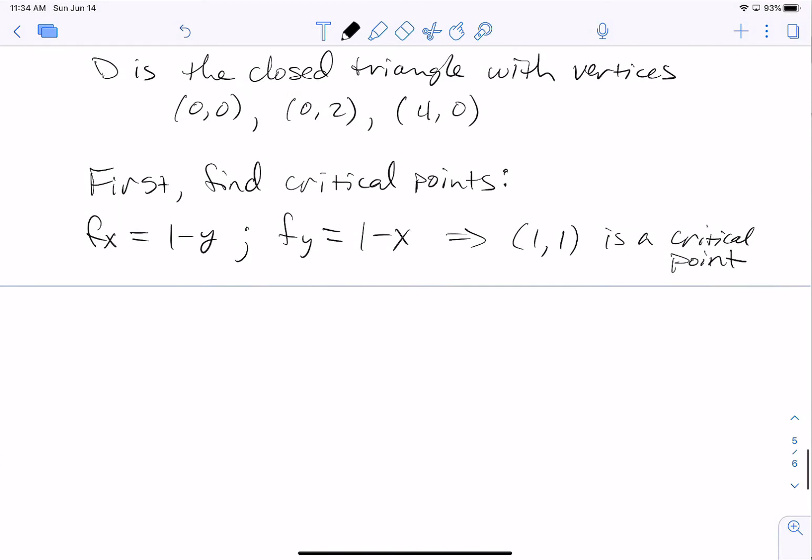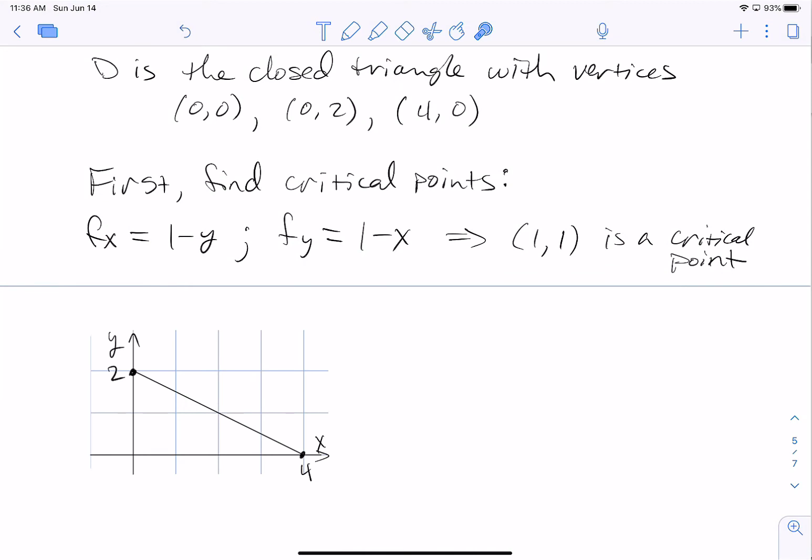We'll set that aside and come back to it in a little bit. Now let's consider this region D, the closed triangle. I decided I would go ahead and use a grid. Here we have our triangle with vertices at 0, 0, 0, 2, and 4, 0. And we need to consider each of these segments that form the boundaries of the triangle separately. So the segment from 0, 0 to 4, 0, I'll call it L1, and it has the equation y equals 0.